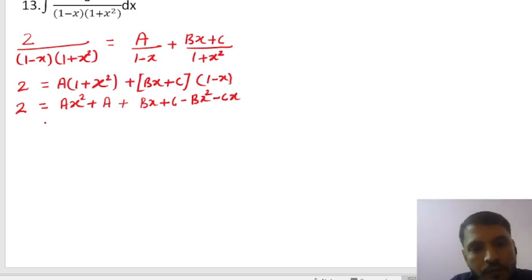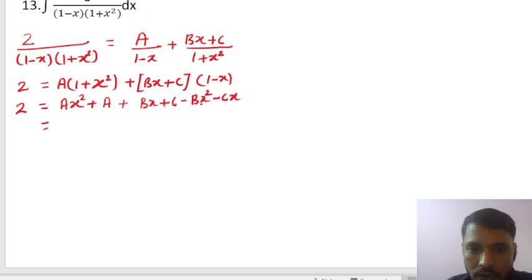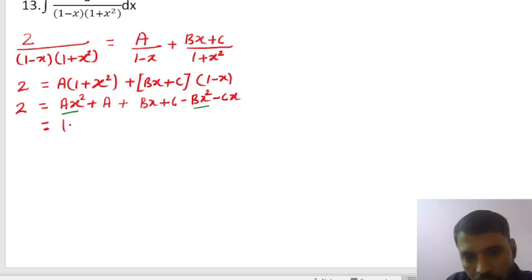We are going to write the same powers together. We are going to take the common power of the variable in a bracket, right? If you see here, A is also multiplied with x square, B also is multiplied with x square. So we are going to take x square common from this. That means it will become A minus B, common is x square.